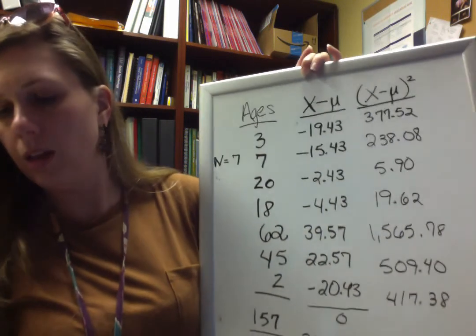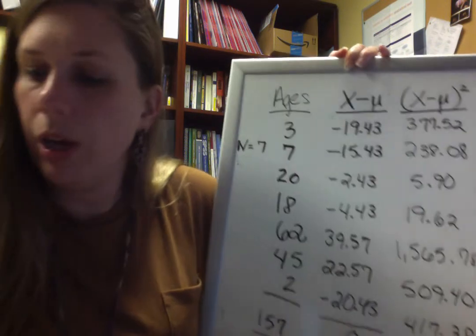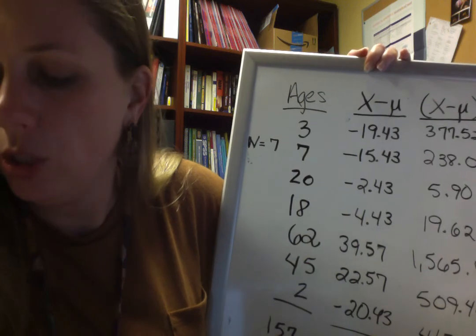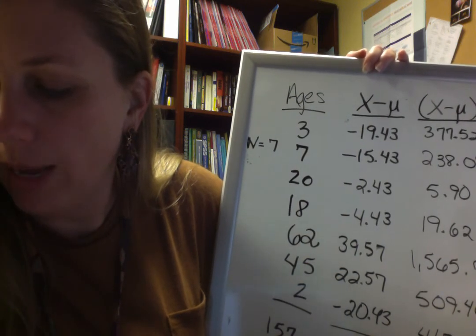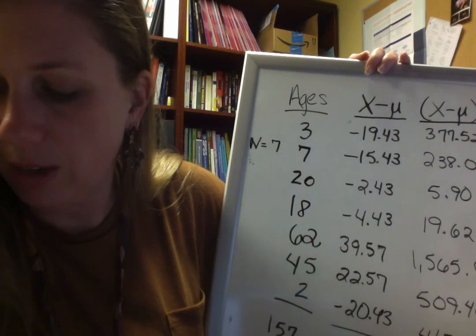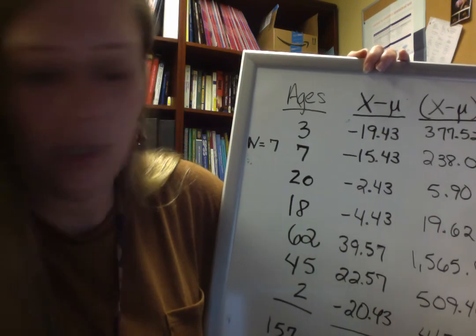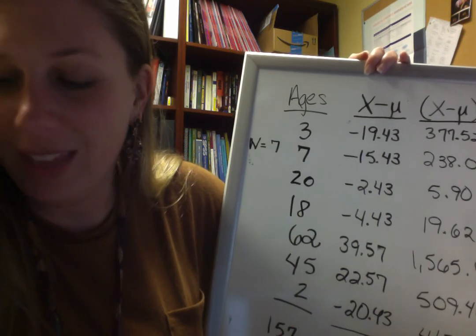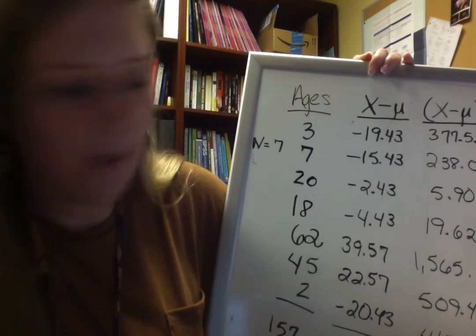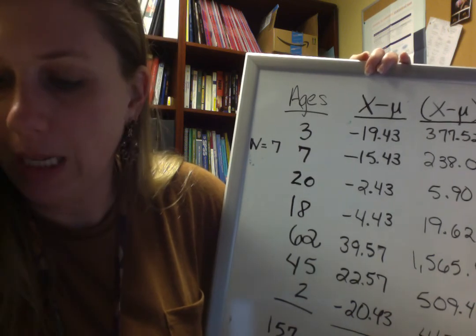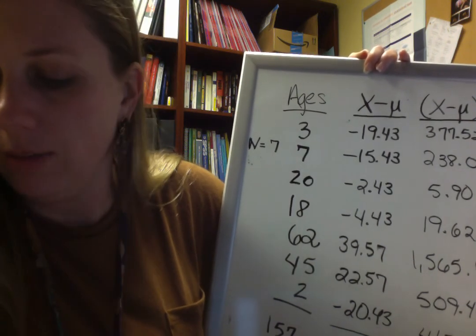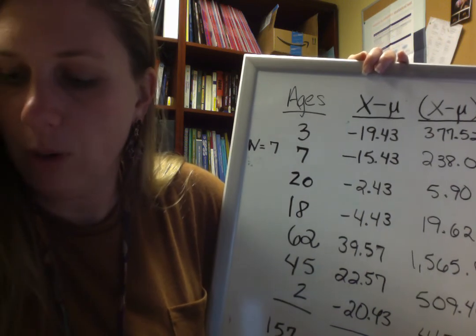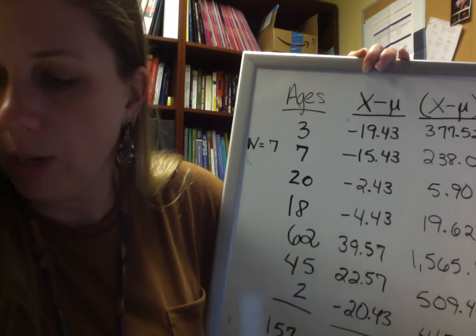So fun. Okay, so I have 377.52 plus 238.08 plus 5.90 plus 19.62 plus 1,565.78 plus 509.4 plus 417.38.